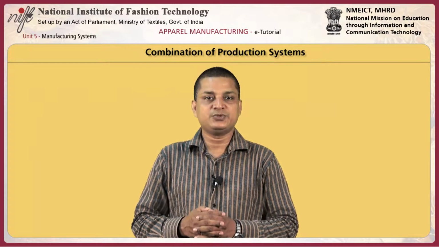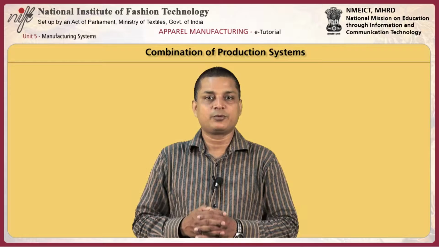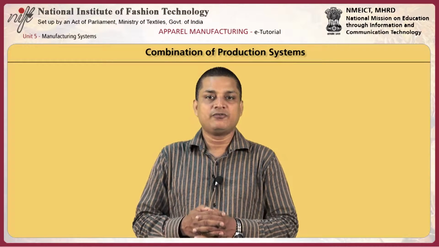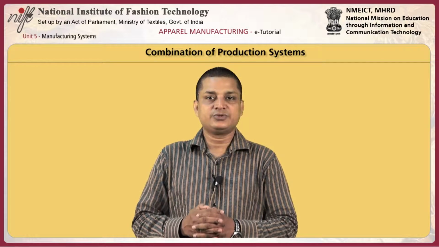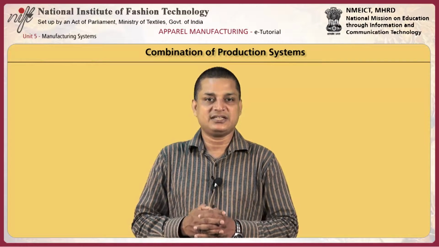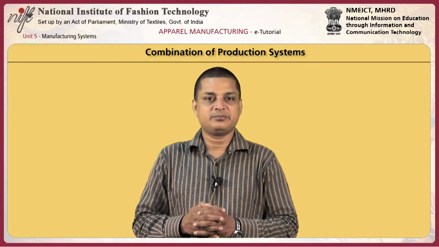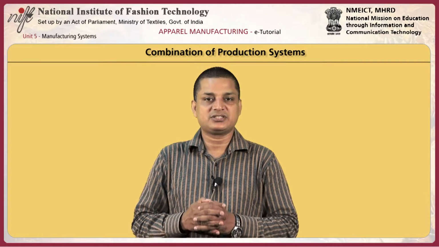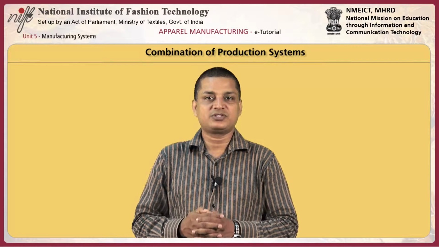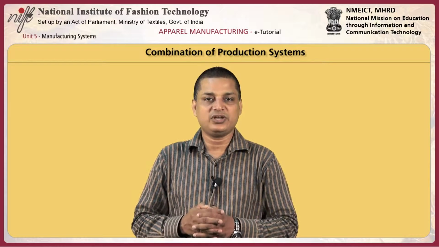Some firms may use the progressive bundle system for producing small parts combined with a modular production system for garment assembly. This reduces the investment in specialized equipment and the required team size. Some industry consultants believe that a modular production system combined with a unit production system provides the most flexible, fastest throughput and most consistent quality.